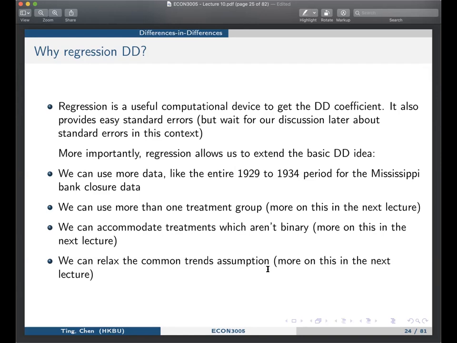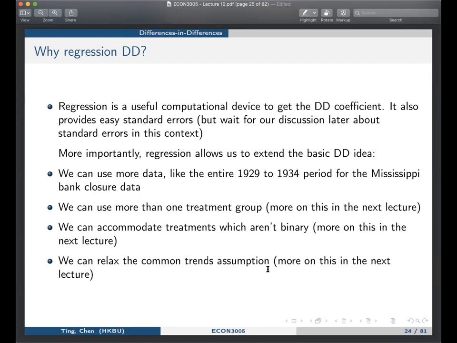So it means they do have a treatment, but they didn't make that much effort. Now we can change the question into, okay, it's not a 1 or 0 question. It's whether you make a 40% lending increase or a 20% lending increase, how much does this treatment difference make on the outcome.